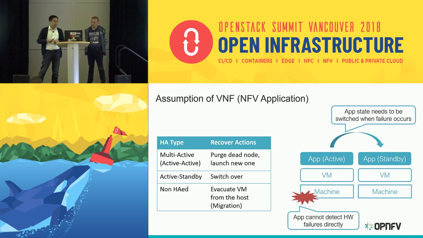And even for the multi-active cases, one of the basic or common ways is purging that broken VM and relaunching a new one. But sometimes some operators may choose not to add another VM until the workload becomes peaky.